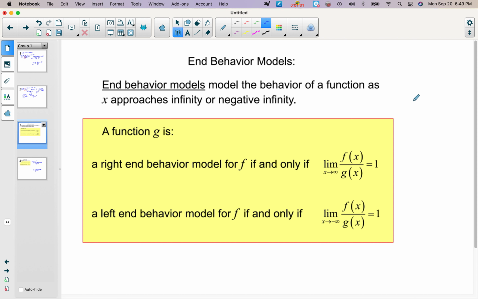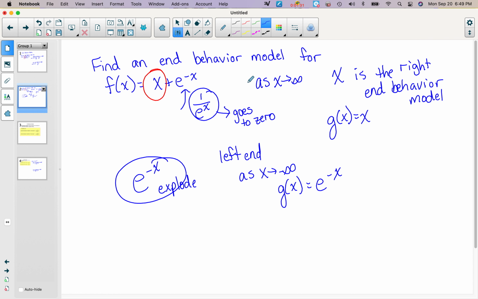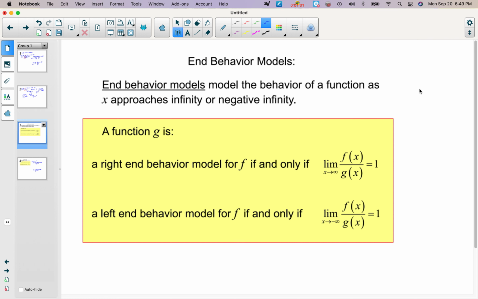So we have this formula for end behavior models. It says they model the behavior of a function as x approaches infinity or negative infinity. Notice I didn't really use limit notation when I was just describing that, but here we do use it when we are showing a proof.